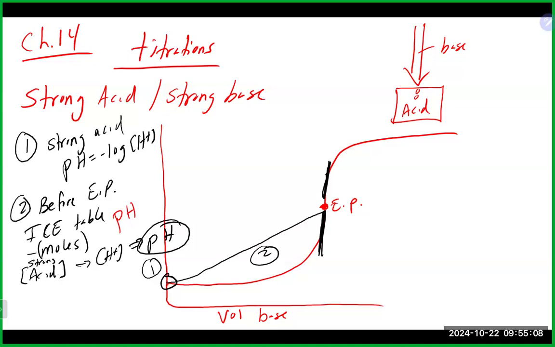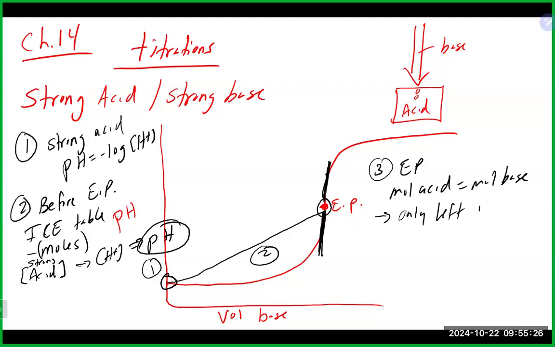When we reach the equivalence point in this type of titration, the moles of the acid equal the moles of the base. If you write out your equation, you will only be left with a neutral salt that does not go through hydrolysis.